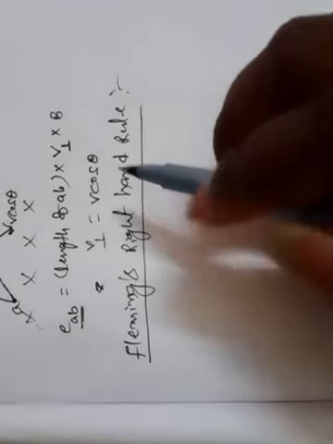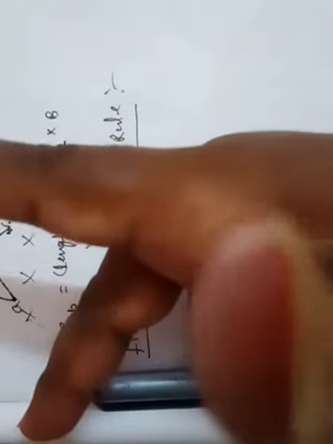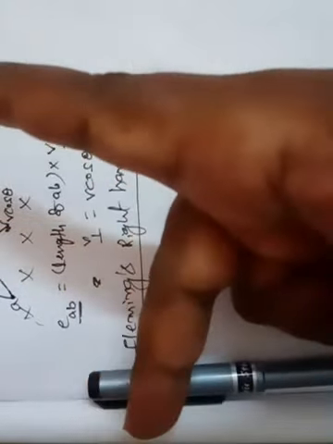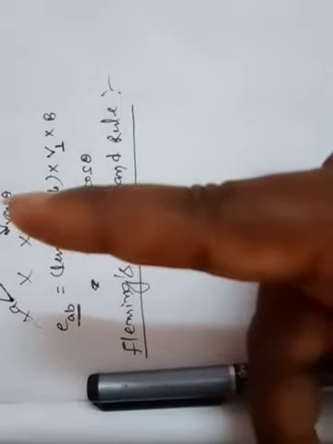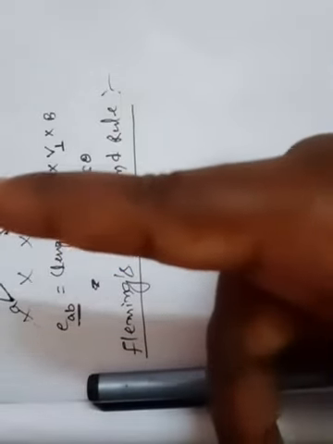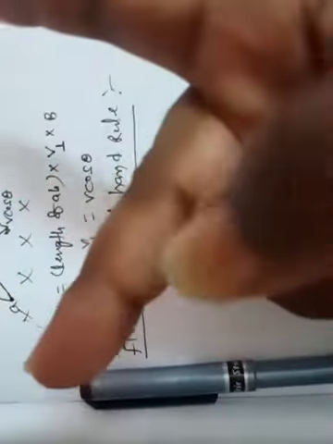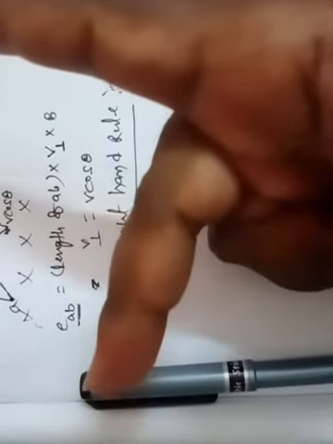We have to stretch the first three fingers of the right hand, the forefinger, central finger and thumb, perpendicular to each other, in such a way that the forefinger represents the direction of the magnetic field, the thumb indicates the direction of motion of the conductor, and the central finger represents the direction of induced current.